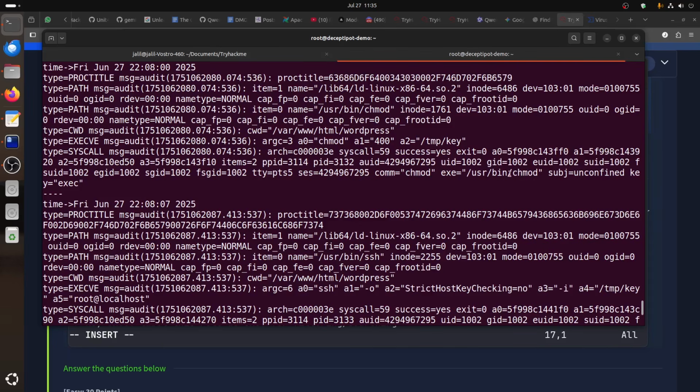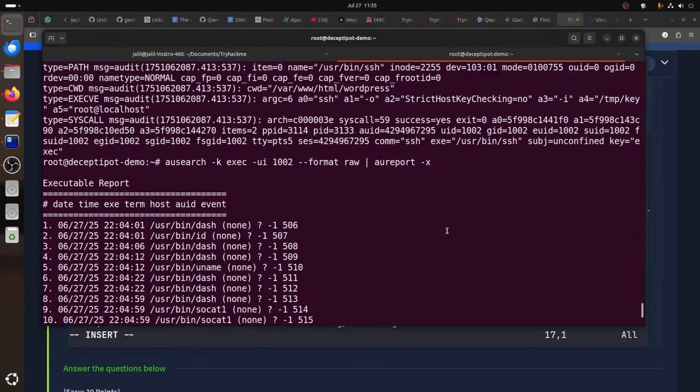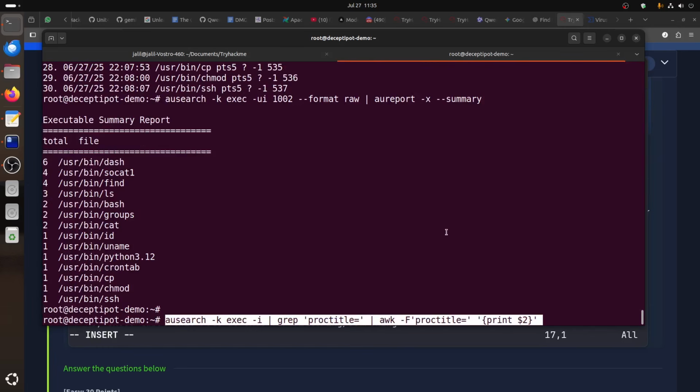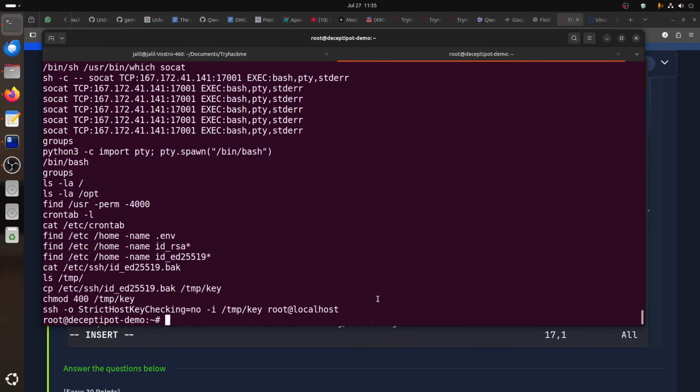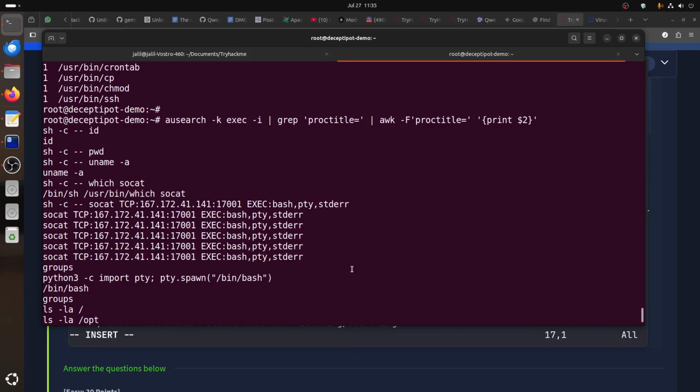I'm more interested in the command itself. So if you clean this, now we have a clearer idea of what's going on. The commands are clear now, what the attacker was doing. You can see socket, so he's doing socket.